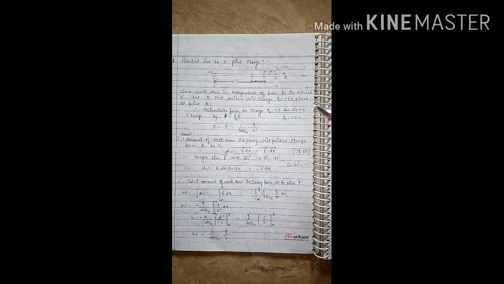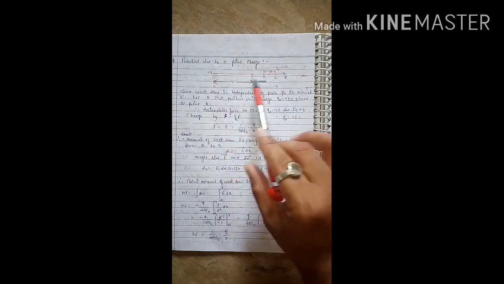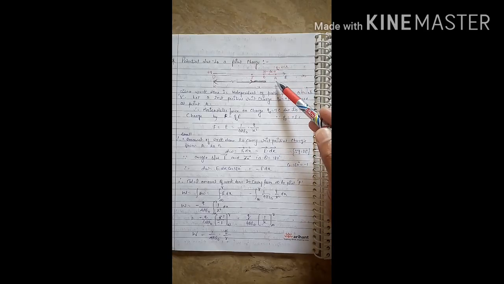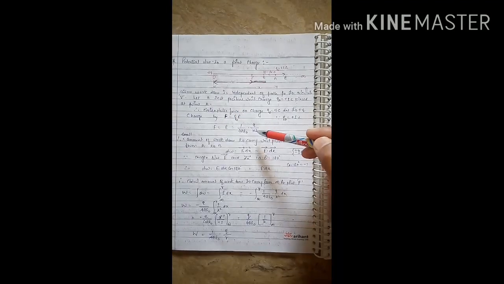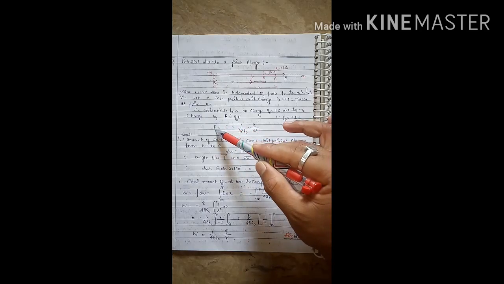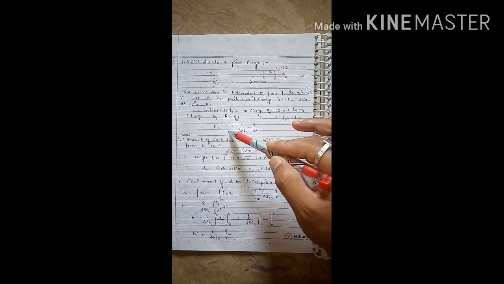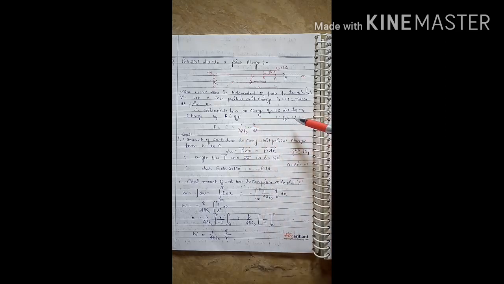Here, if we see the electric field due to this charge plus Q at point A, which is located at distance x, this electrostatic field is given by E equals 1 over 4 pi epsilon naught times Q upon x square. Here the test positive charge is 1 coulomb, so the force F equals E, by the formula F equals QE on substituting Q naught equals 1 coulomb.